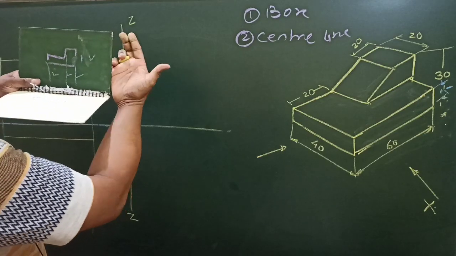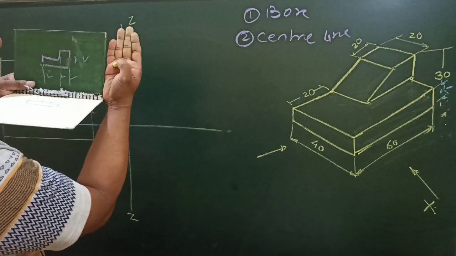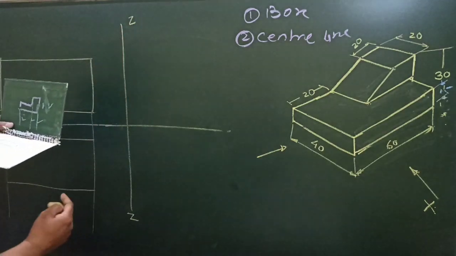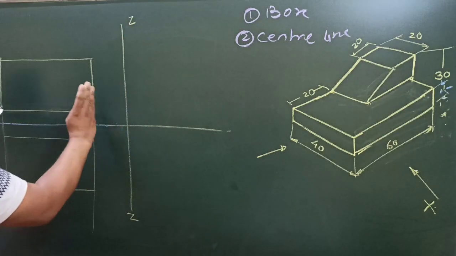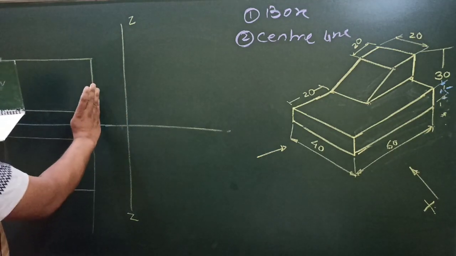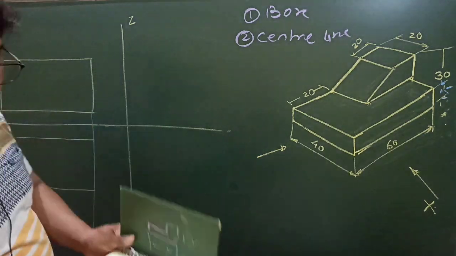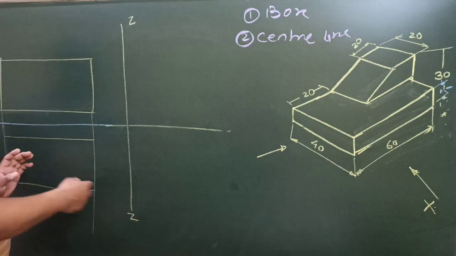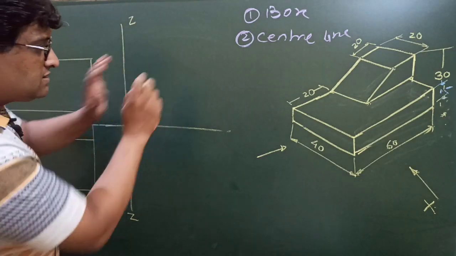So when we rotate the profile plane like this, this line is represented by ZZ here. You can take this line anywhere, means at a suitable distance from front view and top view, right? Now how to project dimensions from the top view and front view in the side view?